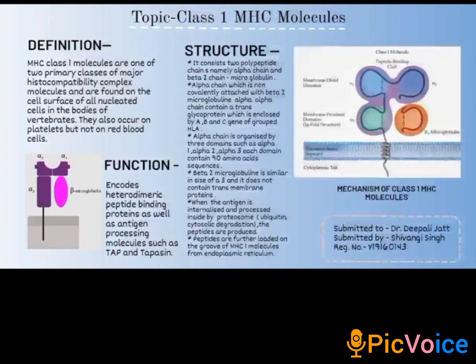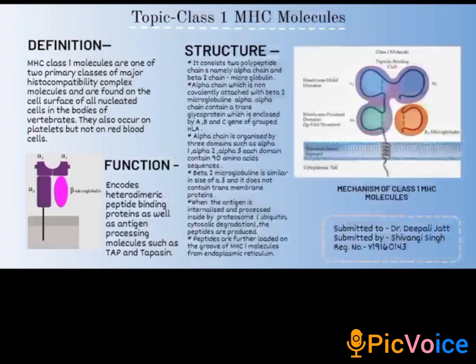These protein molecules are known as major histocompatibility antigens or major histocompatibility molecules. We also studied that in humans there are three classes of these major histocompatibility molecules, namely class 1, class 2 and class 3. The molecules which are expressed on the cell surface belong to class 1 and class 2.